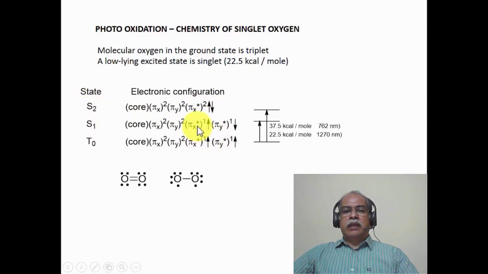So in the excited singlet state, the singlet oxygen should behave like a normal O double bond O kind of molecule, whereas in the ground state the triplet oxygen should behave like a diradical. So this is a representation of the ground state of molecular oxygen, and this is a representation of the excited state of molecular oxygen.